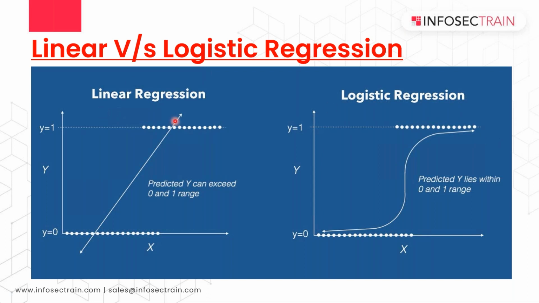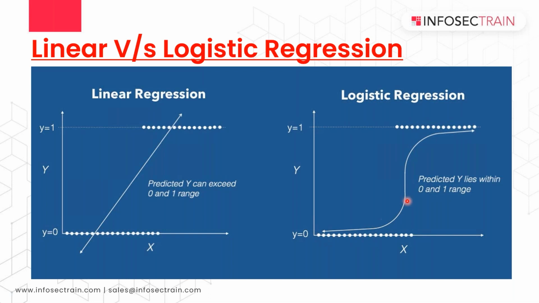This is my regression problem. If we use linear regression for this particular kind of data, it won't work. So at that time you will have to use logistic regression. In logistic regression, we applied different transformations on this linear line to convert it into an S-shaped curve.